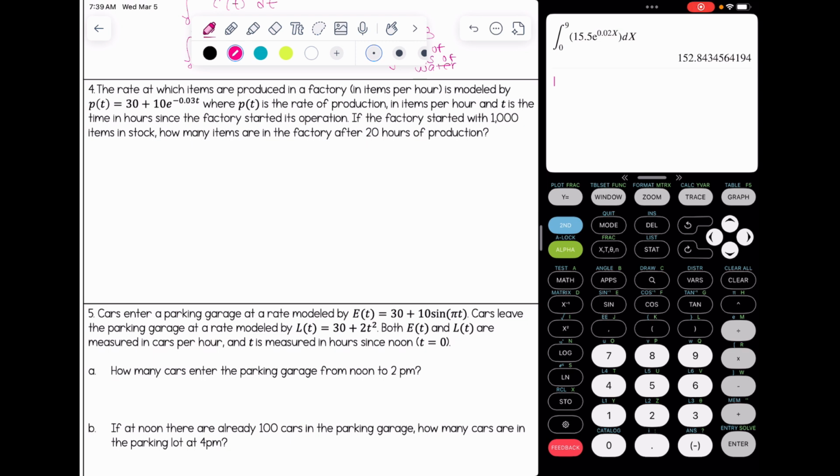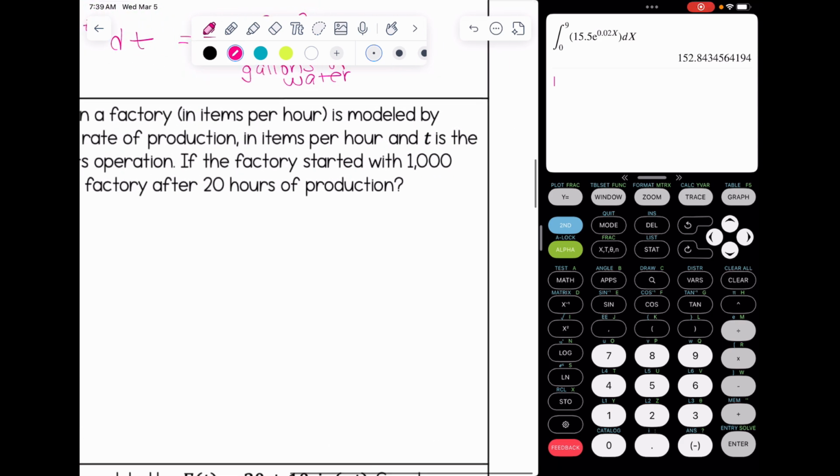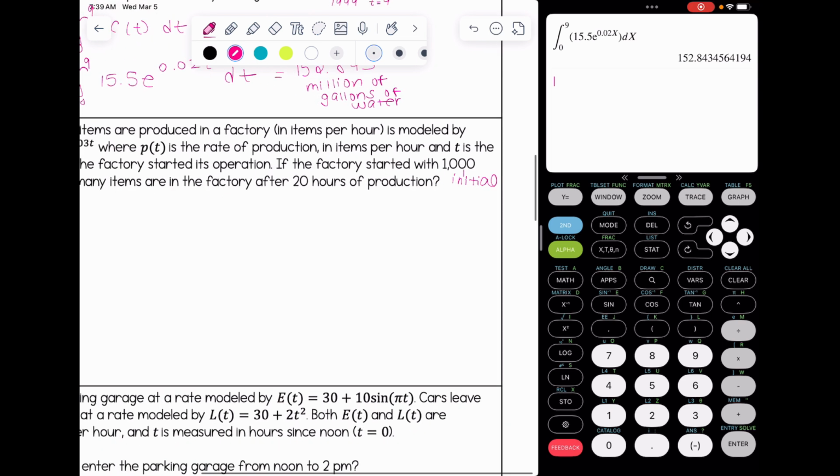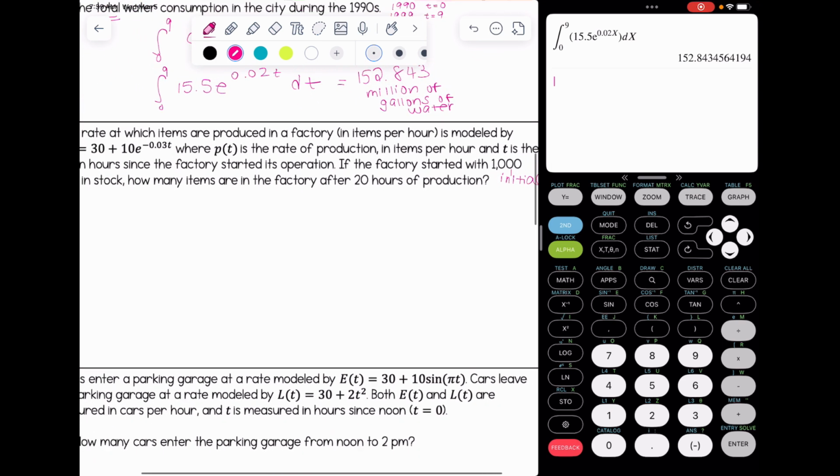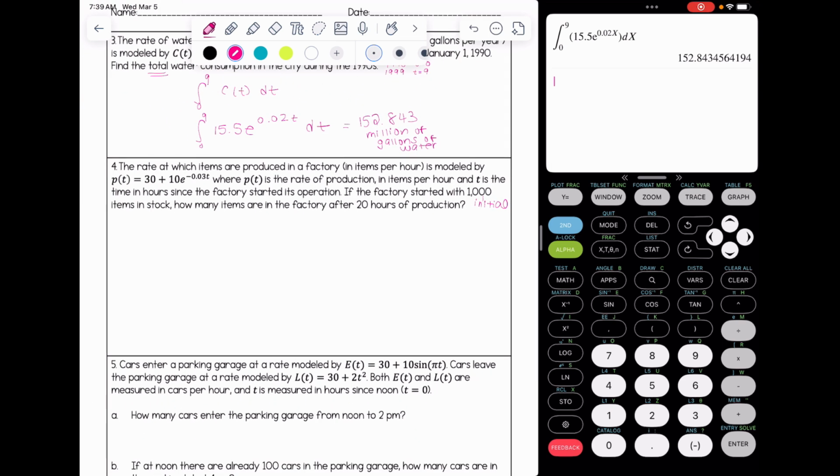production? So this I can tell is one of those questions like we did in 1 and 2 where we're basically working with an initial amount. So the 1,000, if that's how much is initially in stock, we're going to consider that our initial amount. And we're trying to figure out how many items there are after 20 hours.